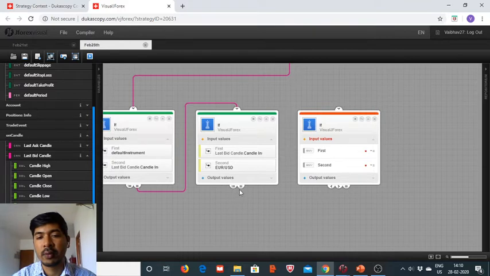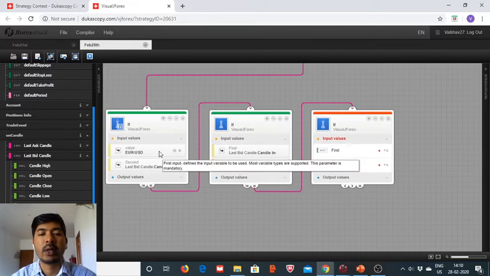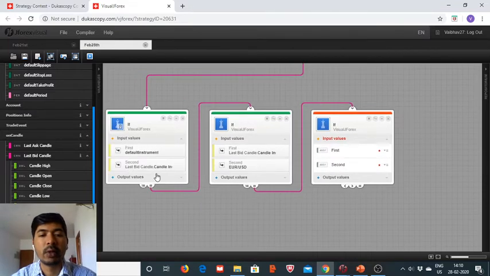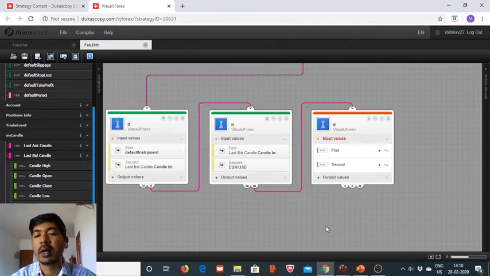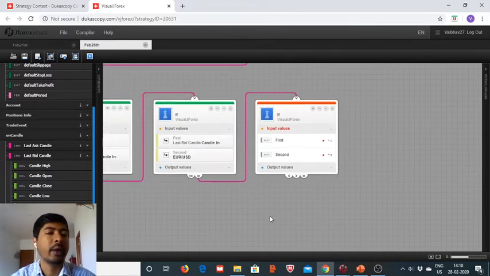And now we again want it to be equal. So suppose the default instrument, that is Euro USD, should be equal to the last candle instrument, and that candle instrument should be the Euro USD. So we have done the instrument subscription so that our algorithm will be trading and placing orders only for the Euro USD.